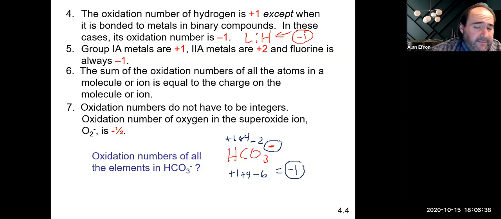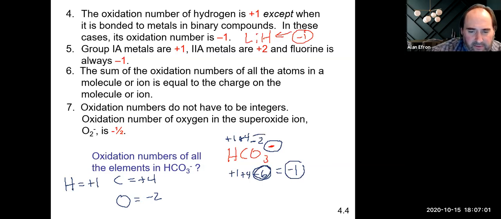This is where people sometimes screw up. If you're asked for the oxidation numbers, for hydrogen you should write +1, for carbon +4, and for oxygen -2. Not the grand total, which is what a lot of people like to do. It is what the element would be if you individually took it out, so in this case it should be -2.